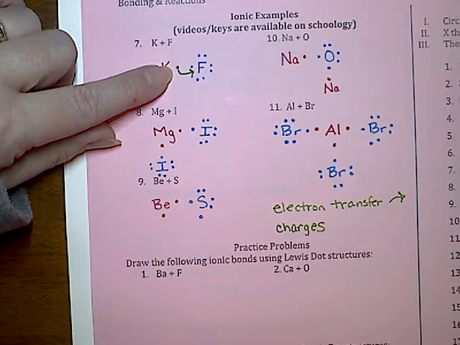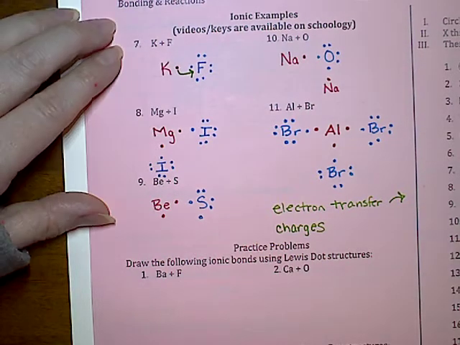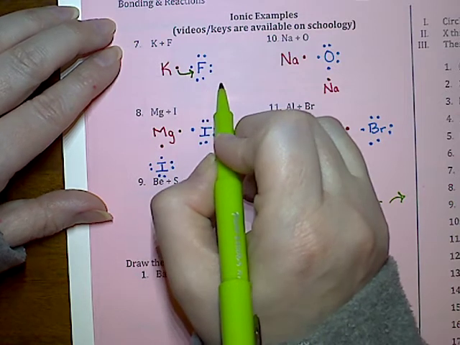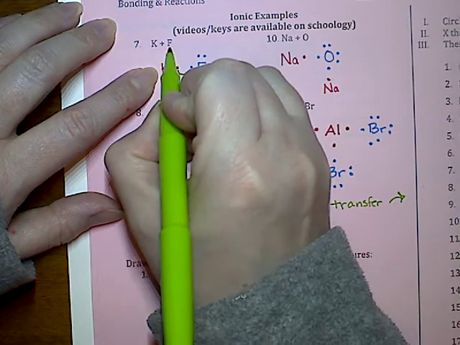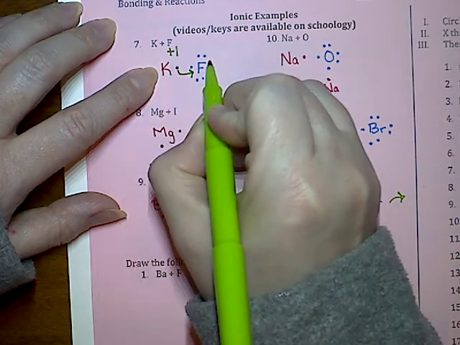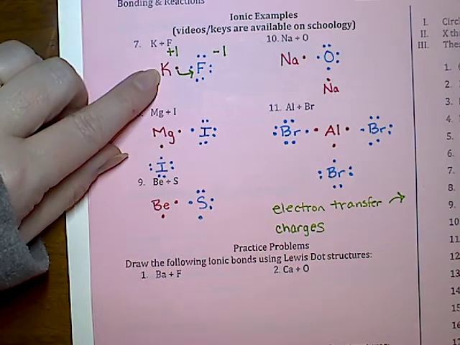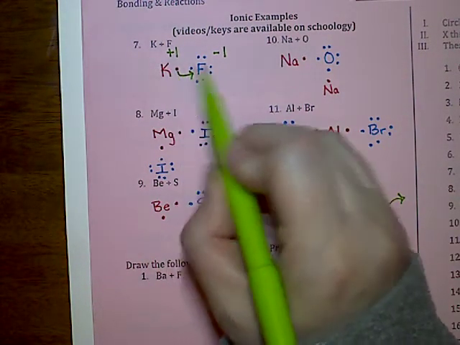It's easier to lose 1 electron than for him to find 7, and it's easier for him to find 1 than to give up 7. And keep in mind, we said the left side of the periodic table gets a positive charge. The right side of the periodic table gets a negative charge. And from last unit, we did say the columns will tell us what our charges are also.